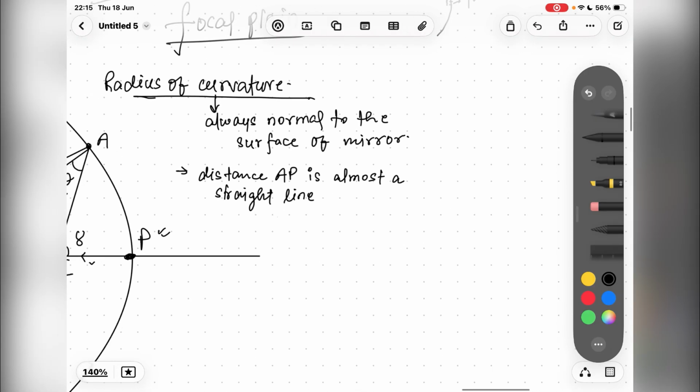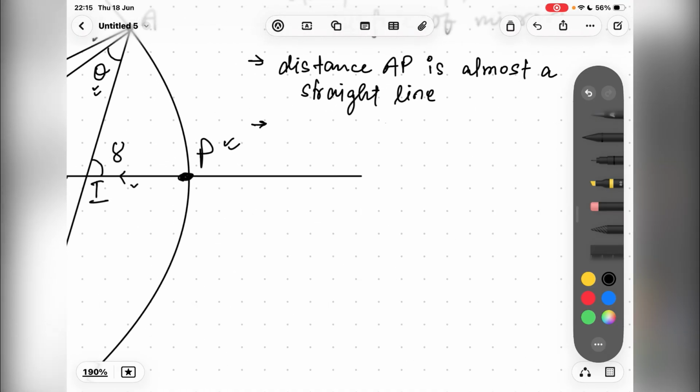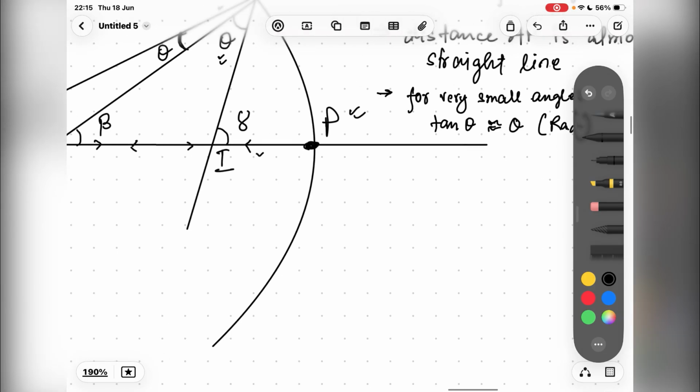Okay. Another thing is that in trigonometry we have learned that for very small angles, tan theta is equal to theta if theta is taken in radians.